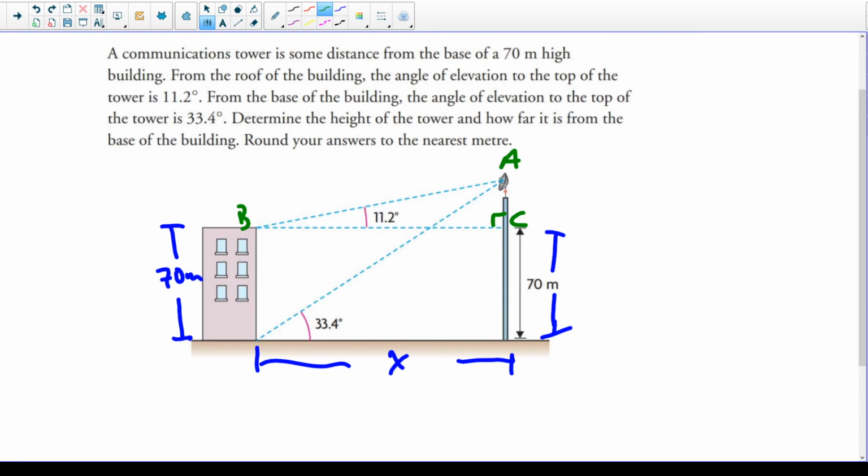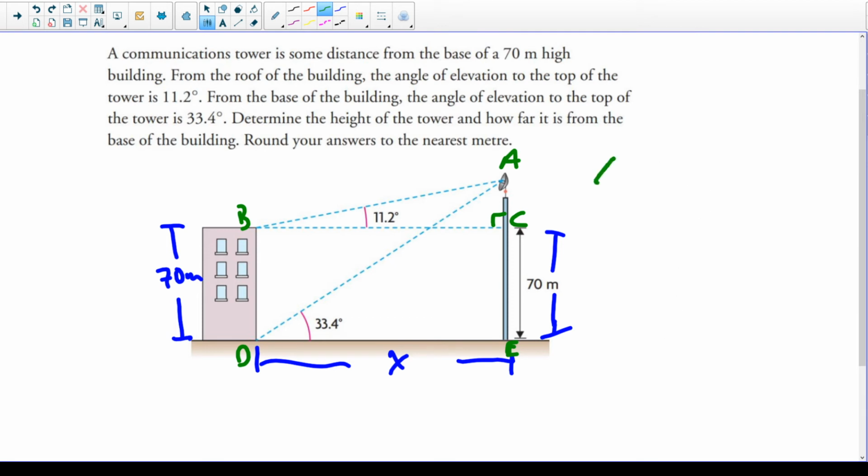And then from A, if I go down and label this D and E, we have another right angle triangle at ADE. There's another right angle triangle here, but that one's not going to help us much, because it's cut off right here. Had I allowed you to use sine law and cosine law, maybe that triangle would come into play, but it isn't going to come into play with what we're doing here.